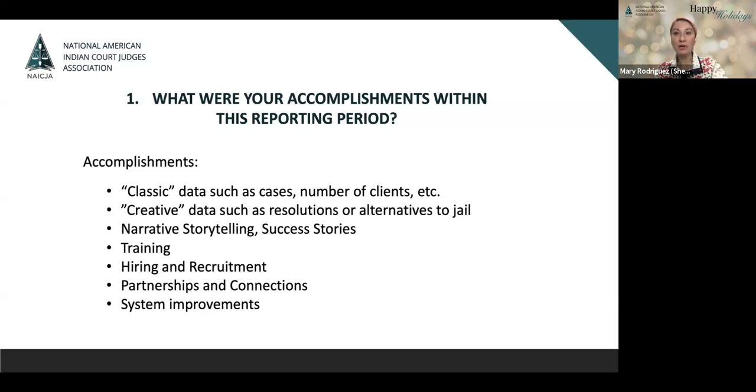Now more than ever, all of us should emphasize that this work is important and not a political issue. Everybody needs civil legal aid, everybody needs public defense, regardless of political affiliation or what's going on in politics.